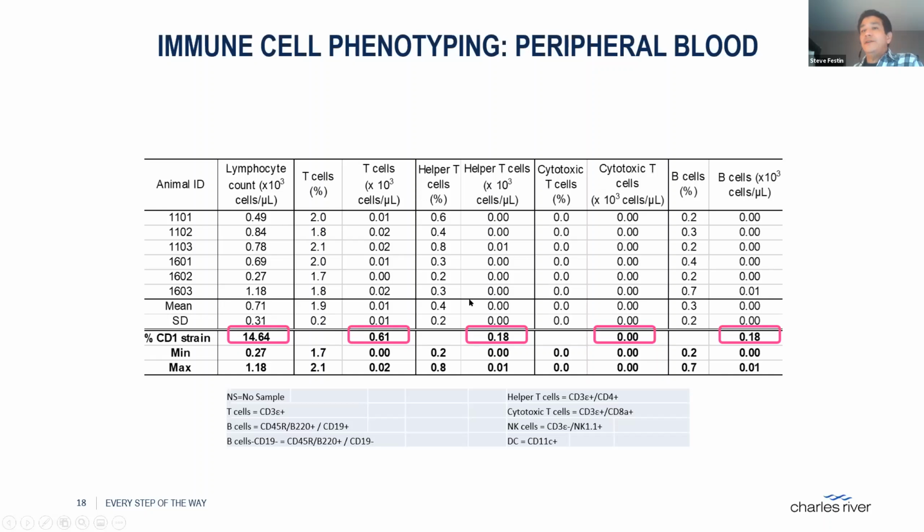The means are listed here, and then the percent of the CD1, and you can see that in the peripheral blood there are very, very low, barely detectable numbers of T cells, as well as CD4, CD8, and B cells, representing much less than 1% of the immunocompetent strain, which is CD1. So we're very pleased to know that the model, from an immunophenotyping standpoint, was, quote, immunodeficient.